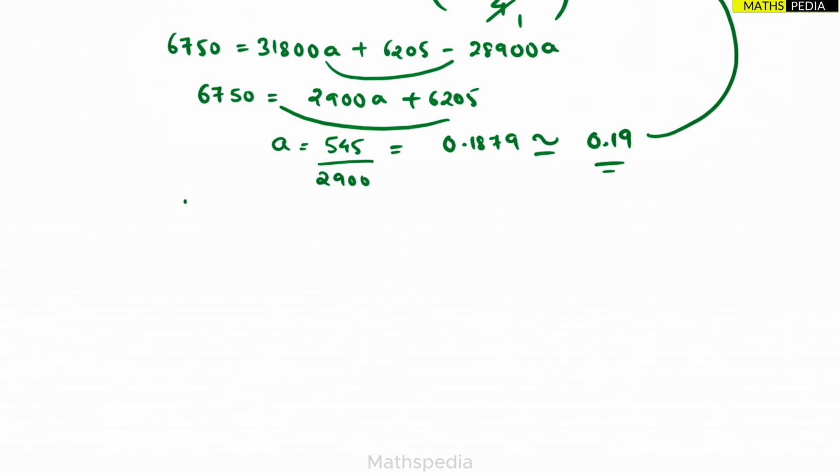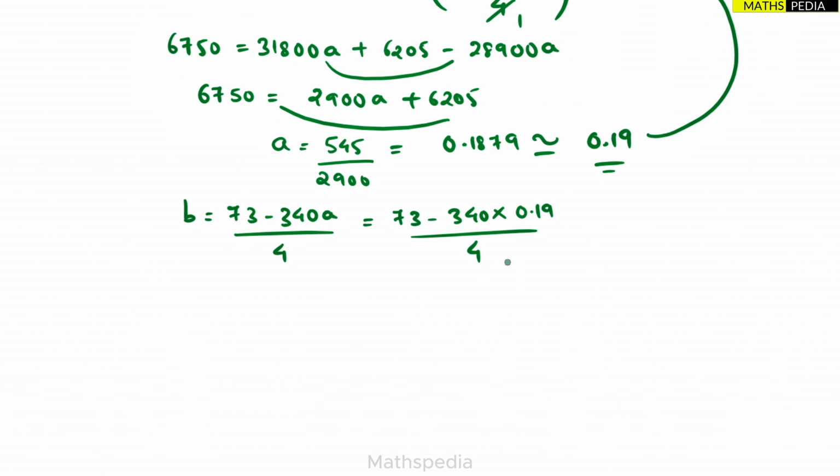So b is equal to 73 minus 340a divided by 4. That is equal to 73 minus 340 into 0.19 divided by 4. Calculating this, you will be getting 2.28 approximately. So this is the equation we are getting.